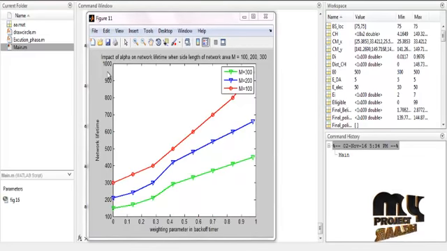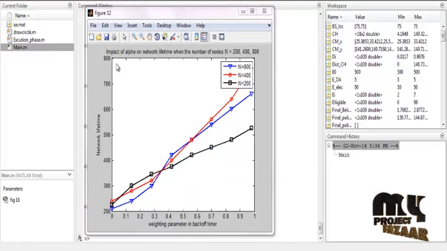In this graph, the impact of alpha on network lifetime when the side length of the network area, that is MS, is equal to 100, 200 and 300. Red denotes M equal to 100, blue indicates M equal to 200, and green indicates M equal to 300. The waiting parameter in the backup timer is on the x-axis, and the y-axis is the network lifetime.